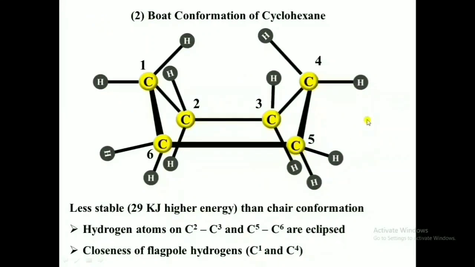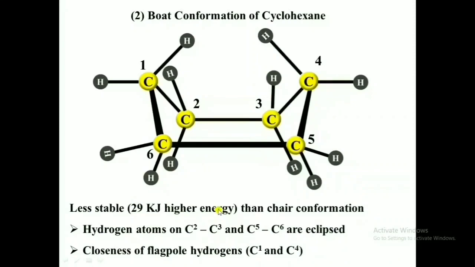In the boat conformation, the molecule takes the shape of a boat, and each corner is occupied by a carbon atom, 6 carbon atoms, and this conformation also has axial and equatorial hydrogen atoms. But compared to the chair conformation, the boat conformation is less stable, with almost 29 kilojoules higher energy than the chair conformation.